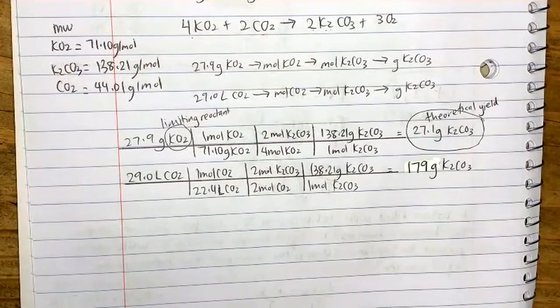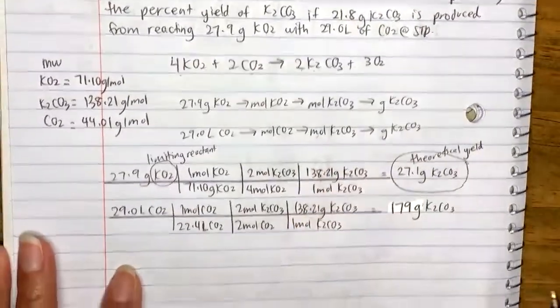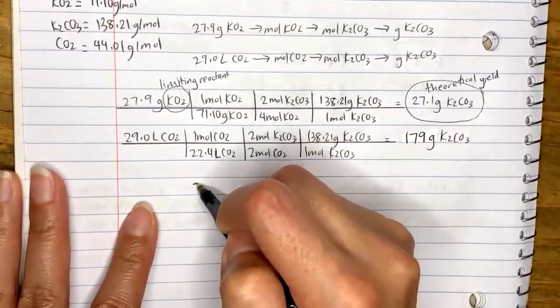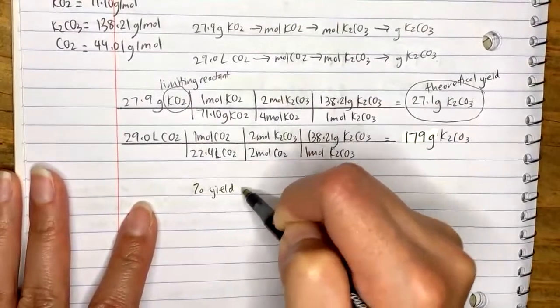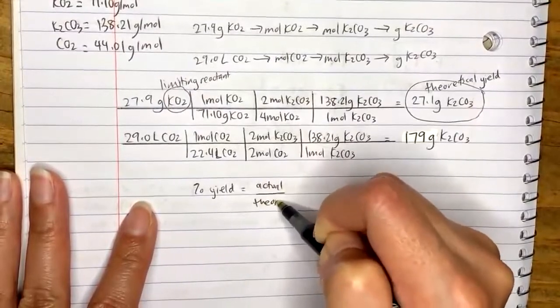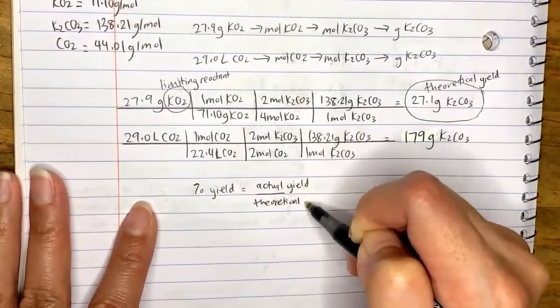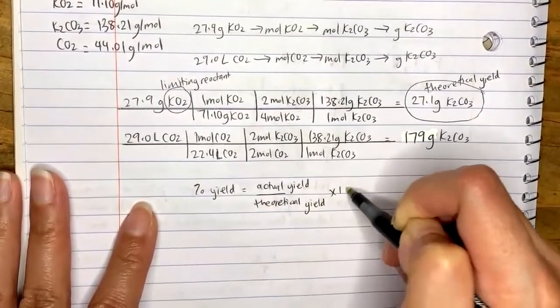Okay, so we got that part. That's the first one. And then the next one, they asked you to go ahead and calculate, what did they want you to calculate? They want you to calculate percent yield, right? They said how many grams was actually made. They made 21.8 grams. So percent yield equals actual over theoretical yield times 100.